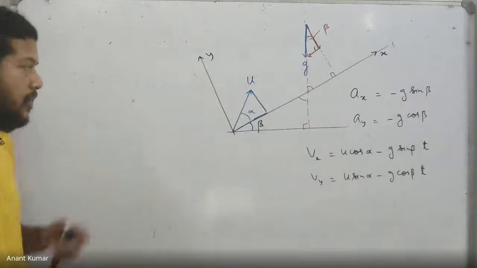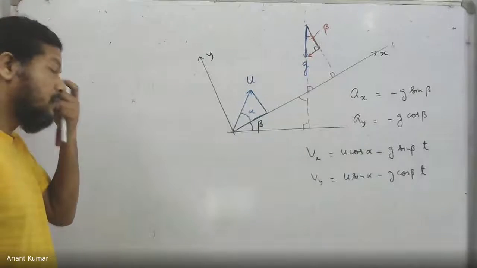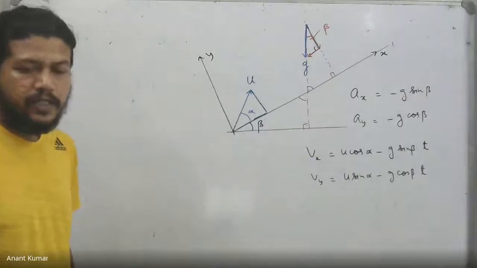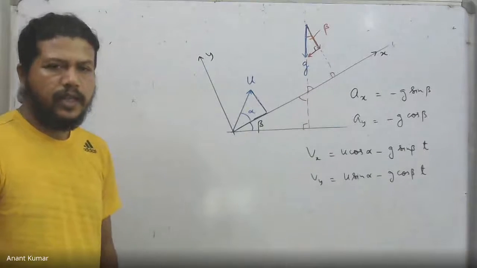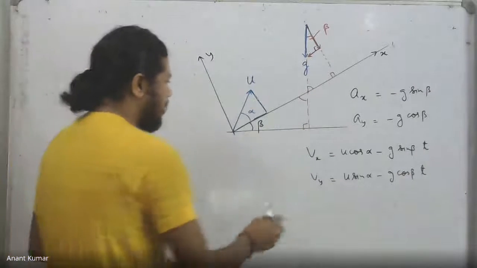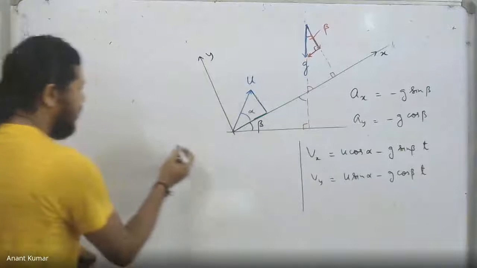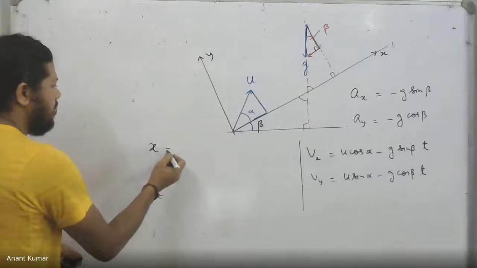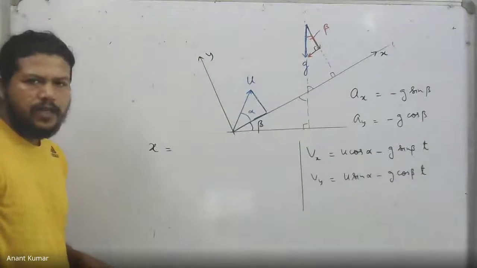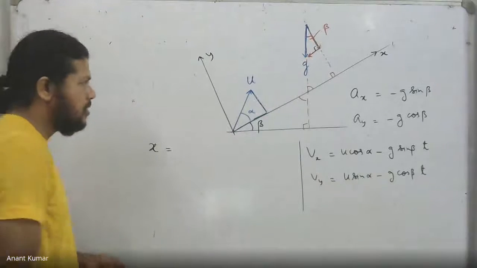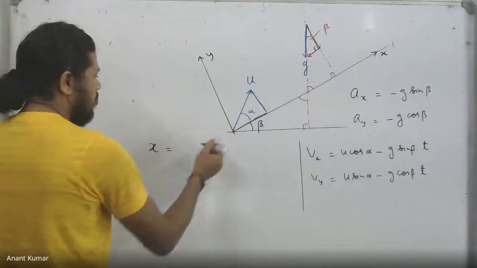And finally, the displacement, because the initial position is the origin itself, so displacement and the position are the same thing. Therefore, if I wanted the x component of the motion, x is going to be what? It's going to be ut plus half at square. That equation I'm going to use. U in this case is u cos alpha.